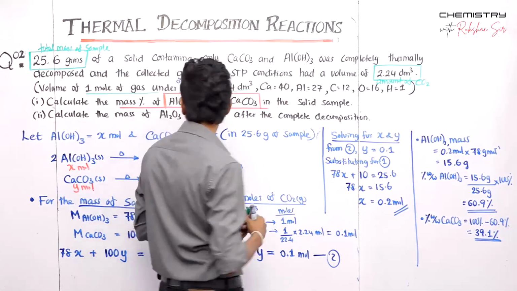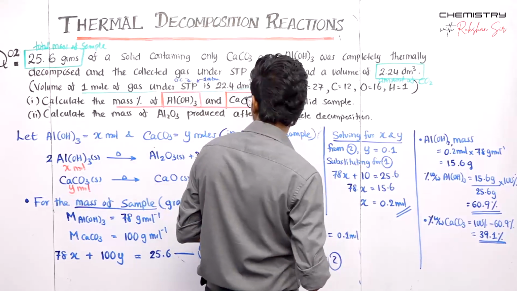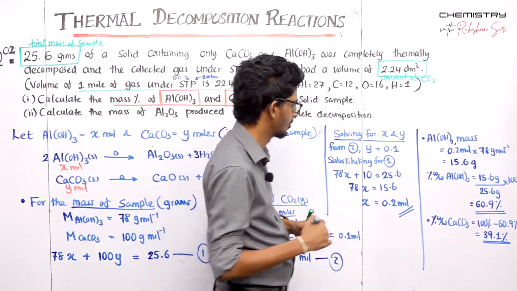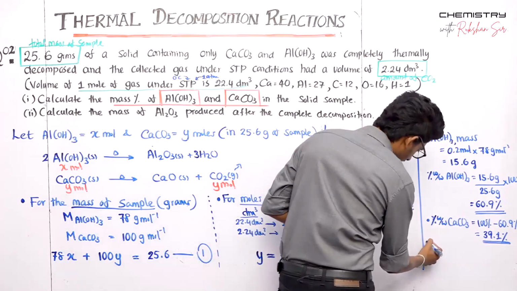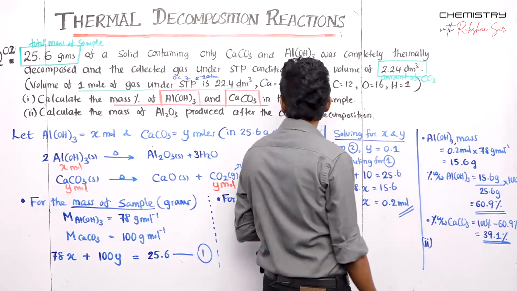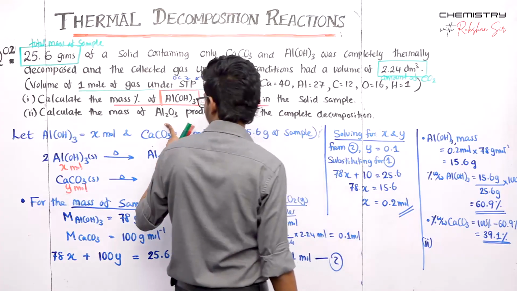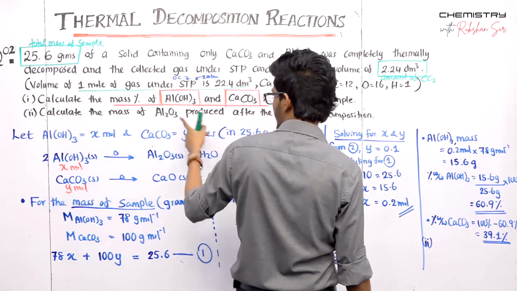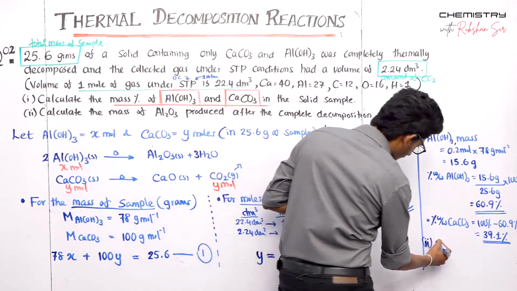And ultimately what they ask is, calculate the mass of aluminum oxide produced after the complete decomposition. So number 2: before the aluminum oxide mass, first we'll come up with the aluminum oxide moles.